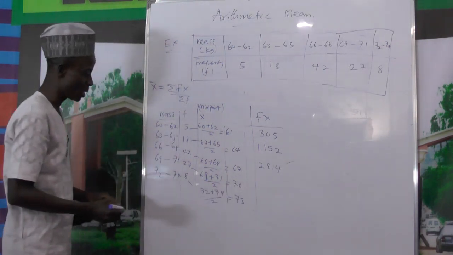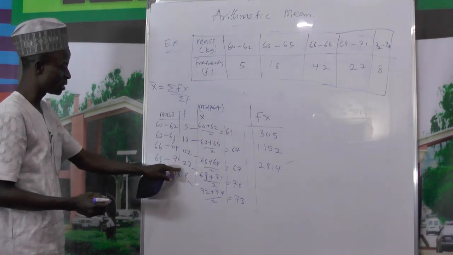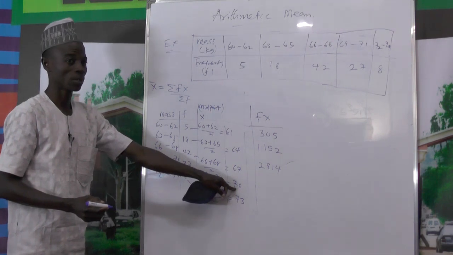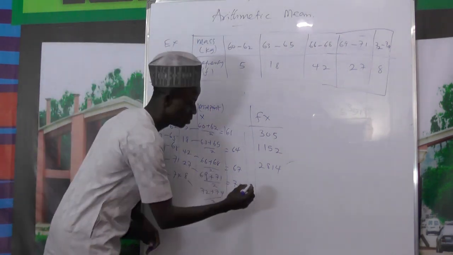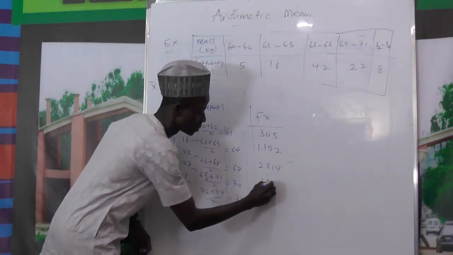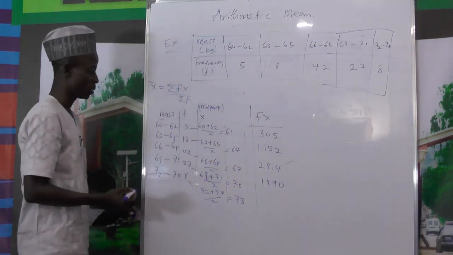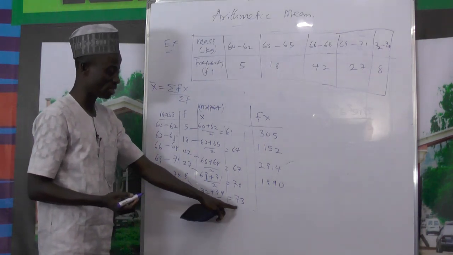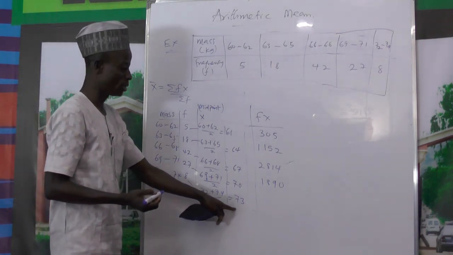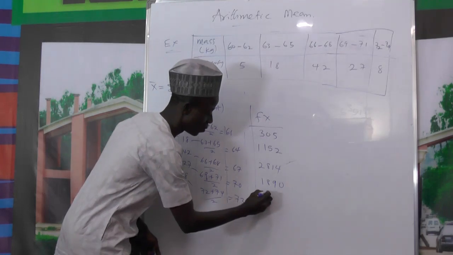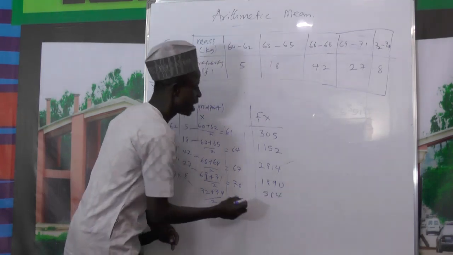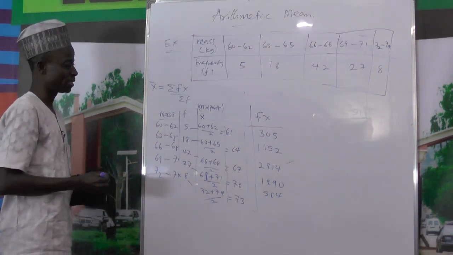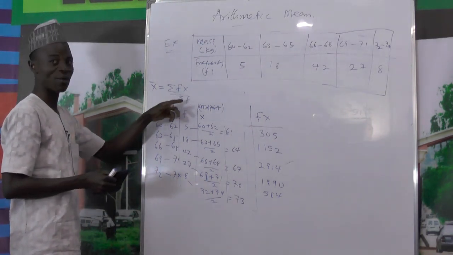Then the next one will be 27 multiplied by 70, which will give us 1890. Then the next one will be 8 multiplied by 73, which will give us 584. So you now add all these together. That is the sum of our fx.